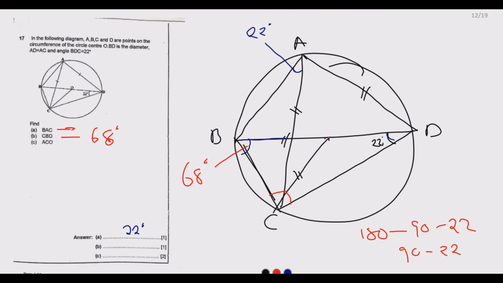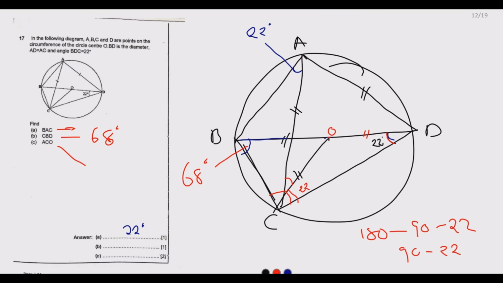Okay. Then we move to the last one, ACO. Angle ACO. So it's basically this small angle that we are looking for. Okay. So how do you find the small angle? We know that if this is 22 and these are radii, then this also is 22. Okay.